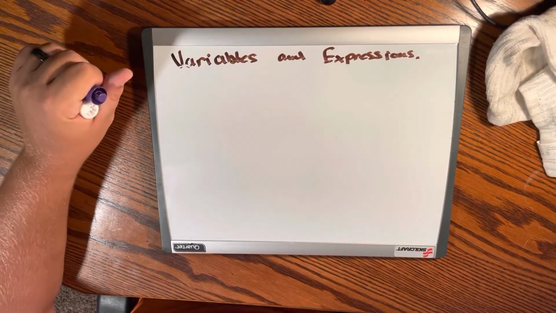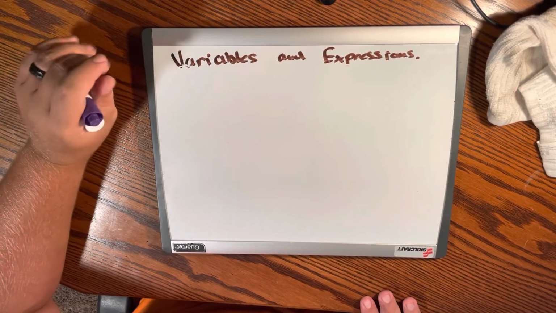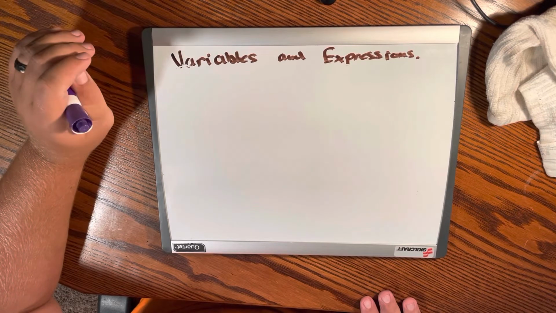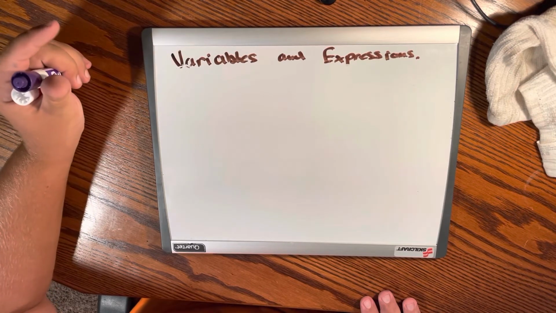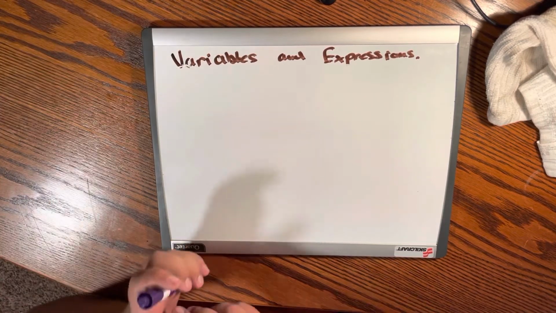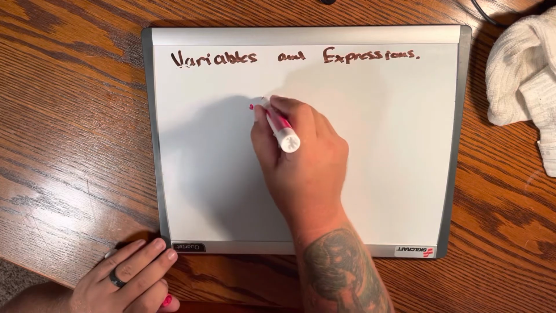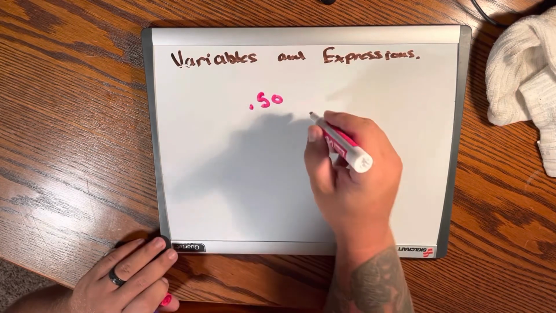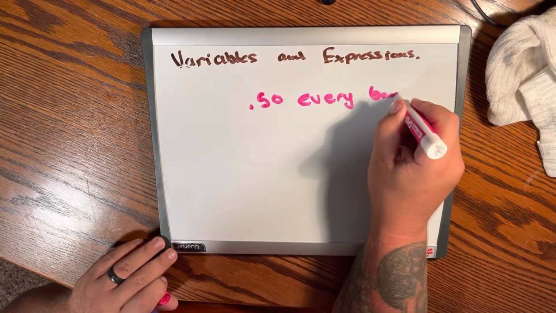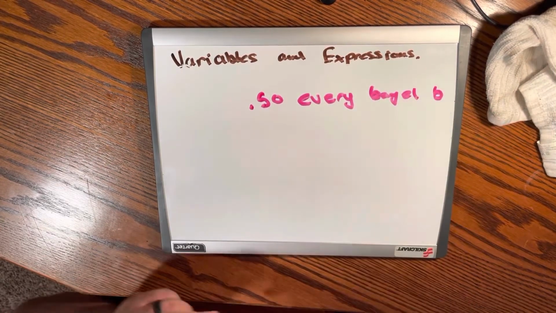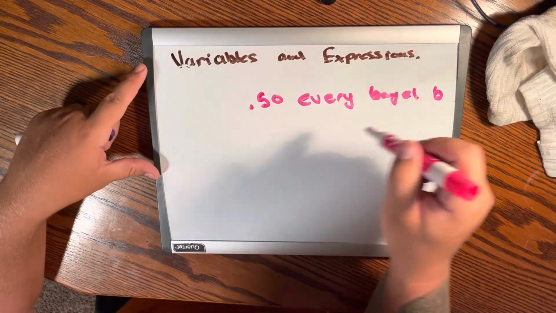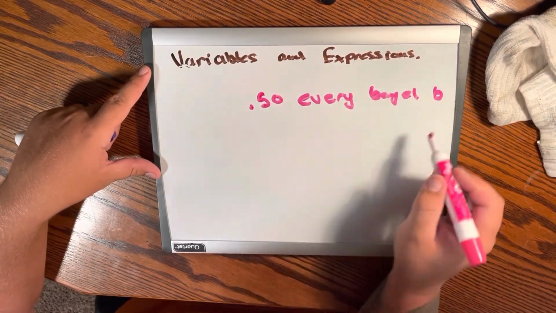Okay, now there are a bunch of word problems, right? So, for example, bagels cost 50 cents each. Write a variable expression for the cost of B bagels. So if they cost 50 cents for every bagel, which is represented by B, if we're going to write a variable expression, that means we're going to multiply, right?